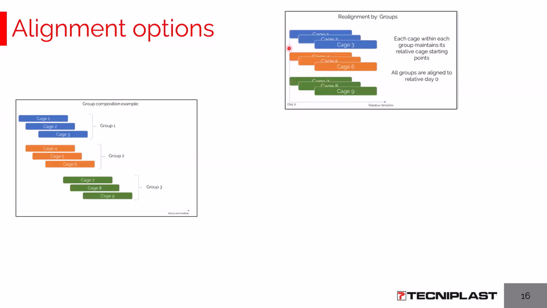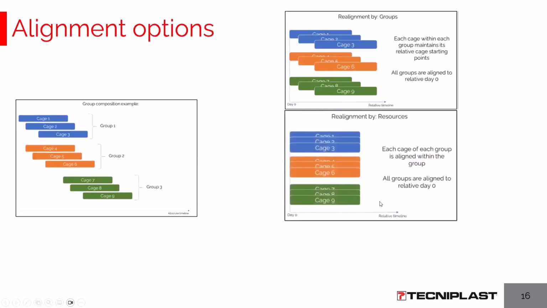So it is only realigning the starting of each group to day 0. Then there is the second type of realignment, that is the alignment by resources. And basically, it realigns the 3 groups to day 0 plus the internal cages within each group to day 0.